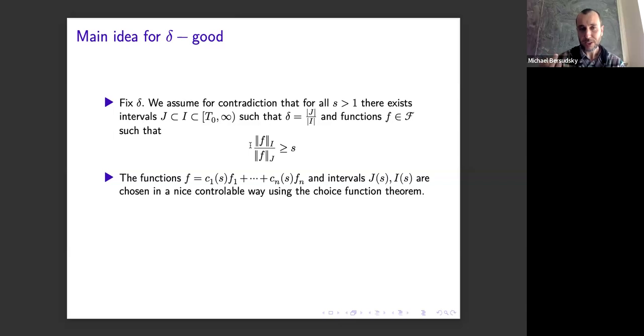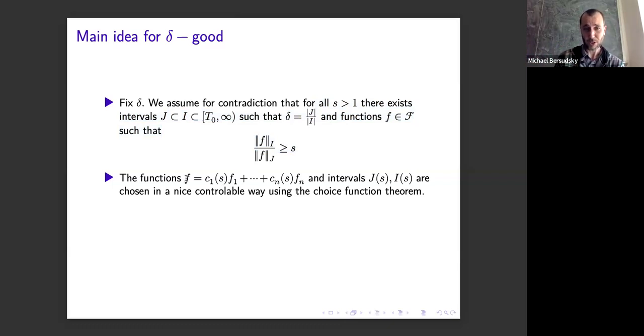This will be a definable condition, and using the choice function theorem again, we can parameterize those counterexamples. If we are working in semi-algebraic sets, these will be semi-algebraic parameterizations.